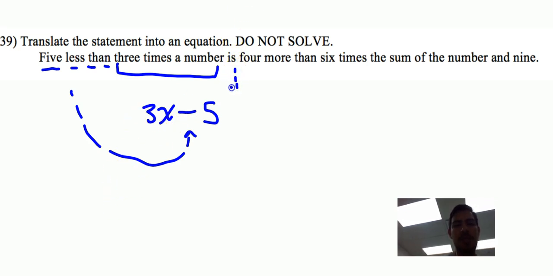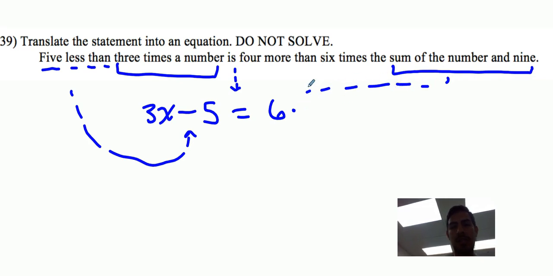Is equals 4 more than, I'm going to skip that, 6 times the sum of a number and 9. Okay, so the sum of a number and 9 is going to be x plus 9.